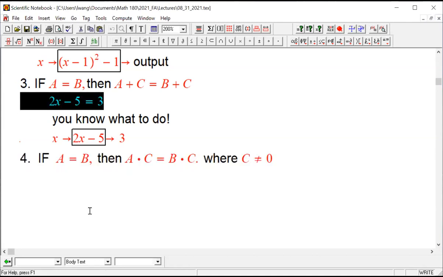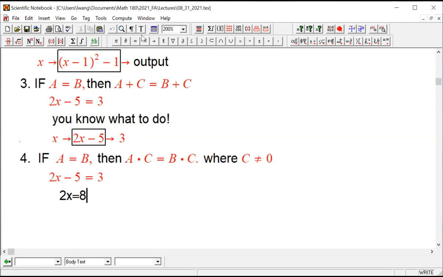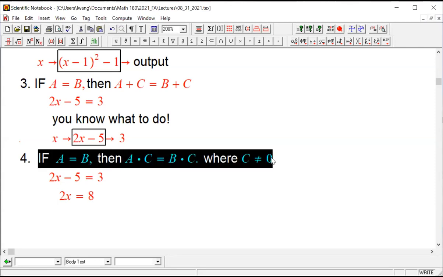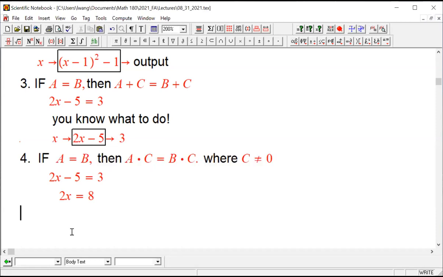So when we were solving this equation, we will have 2x equals 8, right? And then we divide both sides by 4 or multiply both sides by a half. So we are actually applying that principle. Now, my question is, is this condition dispensable? If it is dispensable, why don't we just drop it?